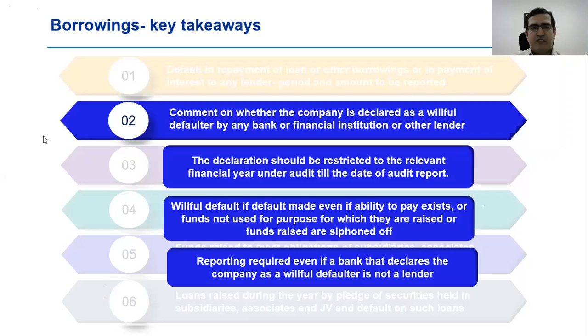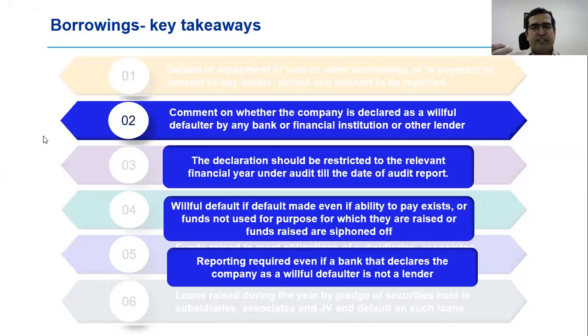So in the clause, when you read other lender, the other lender has a very strict interpretation, and that strict interpretation is that other lender only means a government authority or a government agency, and not any loan, any other party. So say company A has taken a loan from company B, and company B believes that the loan was not used for the purpose for which it was taken.